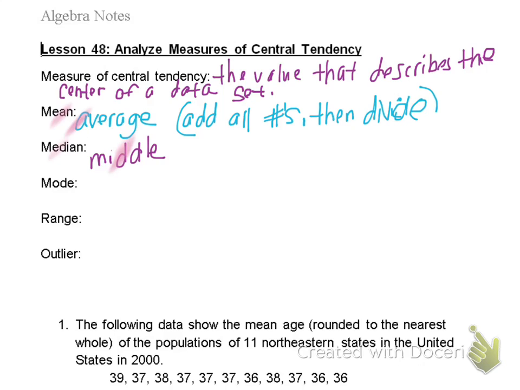So to find the middle, you just kind of go from end to end until you get to the middle, crossing out numbers. They have to be in numerical order for you to do that, to find the middle. The mode is the most, and that trick, I guess you would say, is that they both have an O. So which value occurs the most times.